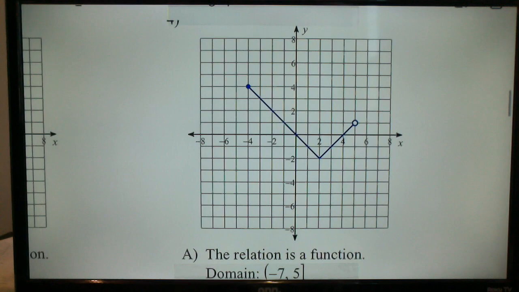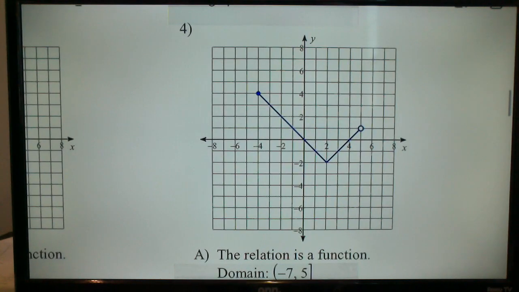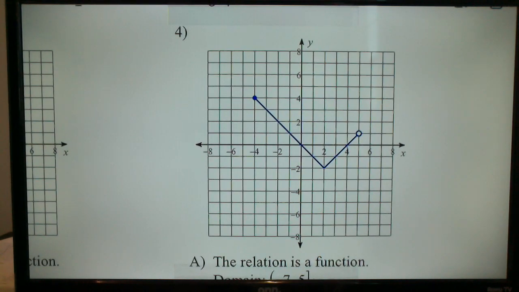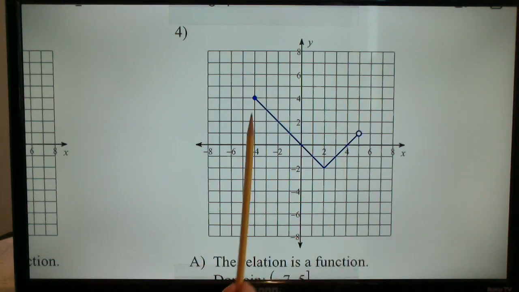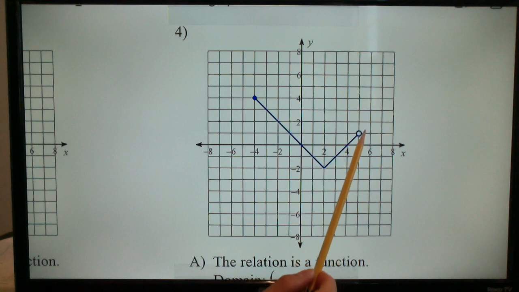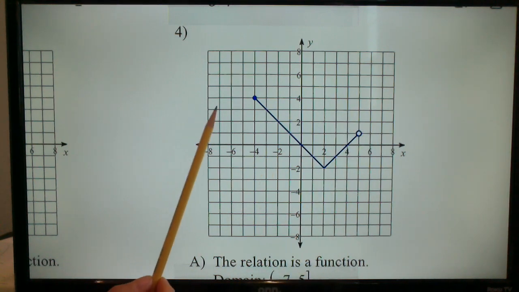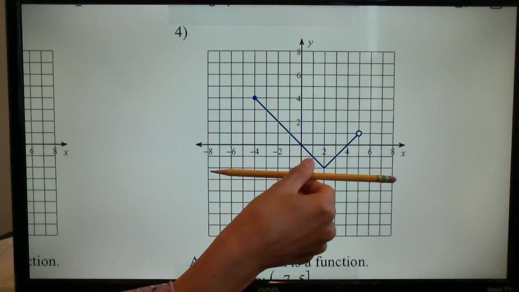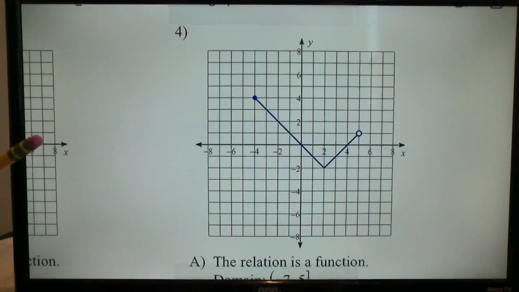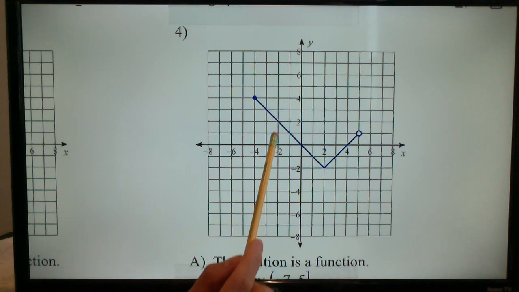And next, domain -4 to 5, but we'll use parentheses for 5. But this other one is closed, right? And look at the range, -2 to 4. They are all closed. And this is a function because one x has only one y value.